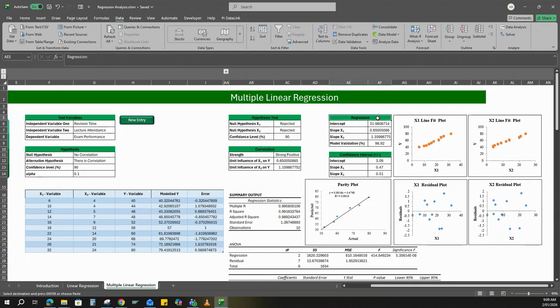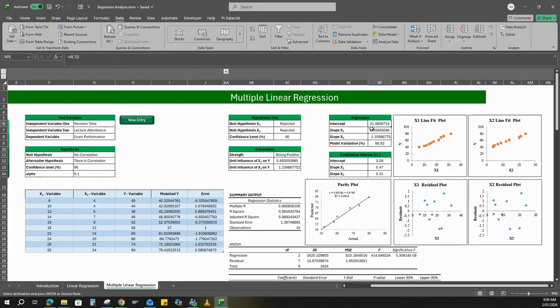Now looking at the regression output, the intercept is the Y value. This is essentially the exam result when we omit the variables.